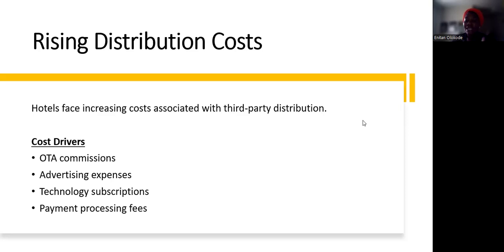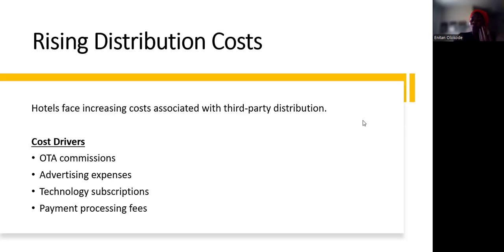So what are the major cost drivers? What are the major challenges when it comes to distribution cost? The OTA commission, our advertising expenses, our subscription to technology. We have payment processing fees. Your remitter will charge you. There are banking charges. There are so many more costs that we incur.